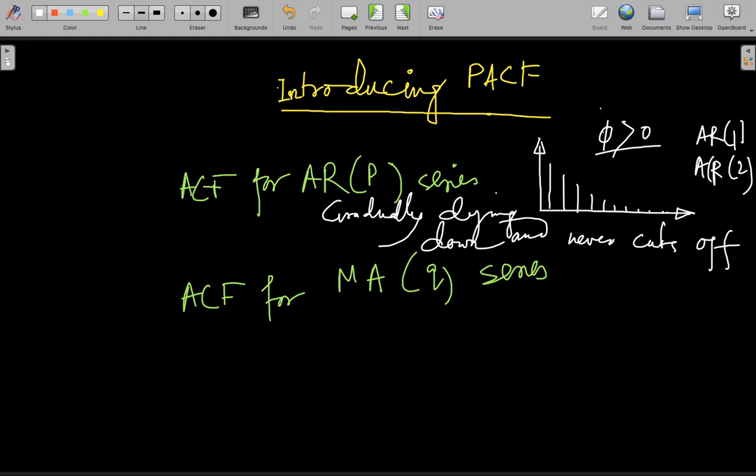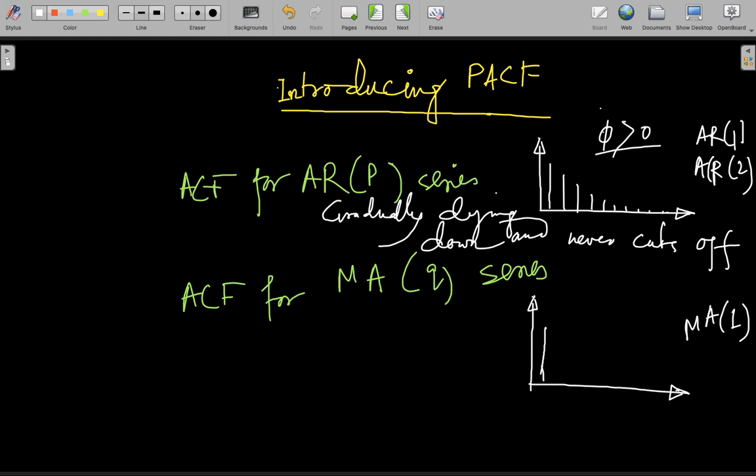Now, in the case of an MA series, we have seen something different, and that is what helps us identify whether it is an AR or an MA series. Say, for example, you take an MA(1) series. If you estimate the ACF, you will get a value only for the first lag.